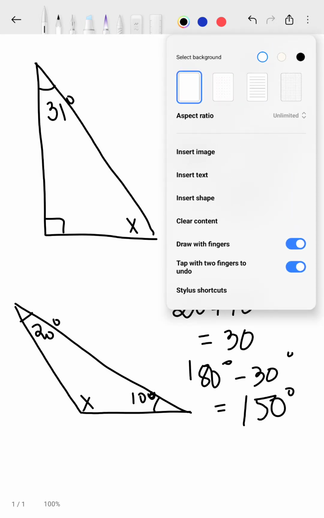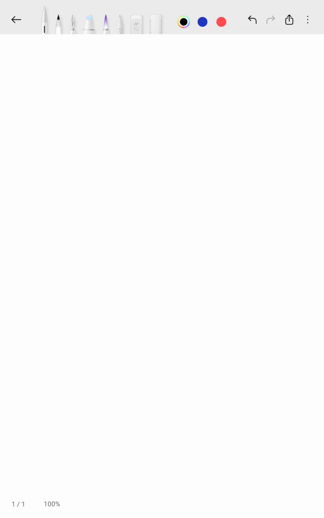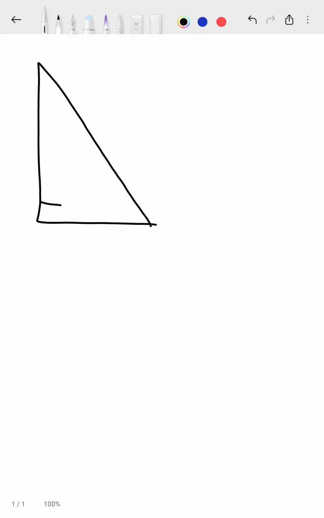And then, doon naman po tayo sa Pythagorean theorem. And that is, we are going to start with a right triangle. So, sa right triangle po, we have the hypotenuse. The hypotenuse is the longest side of the right triangle.